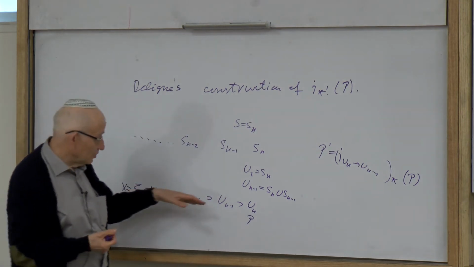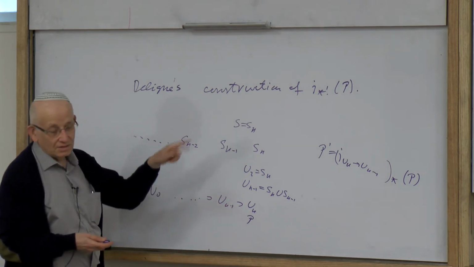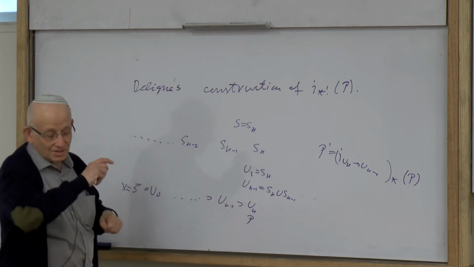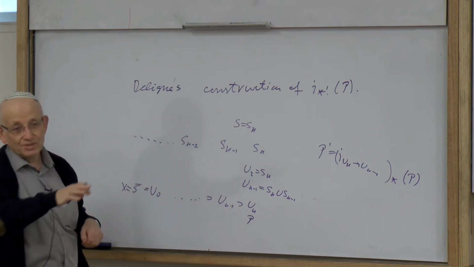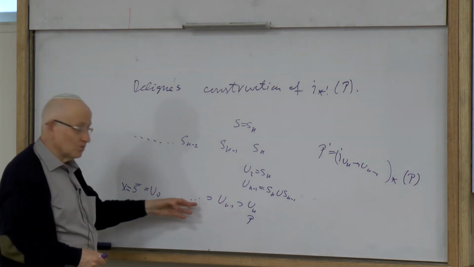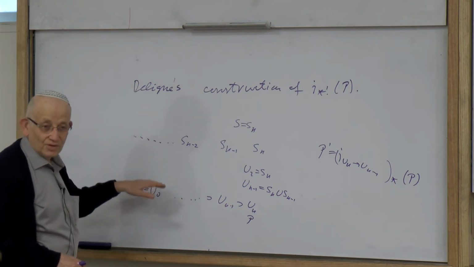And so then what you do is you just cut off, you take tau less or equal of this thing. So you cut off this extra piece which appears, and then you continue this operation. You go to U_{n-2}, again, cut it off.